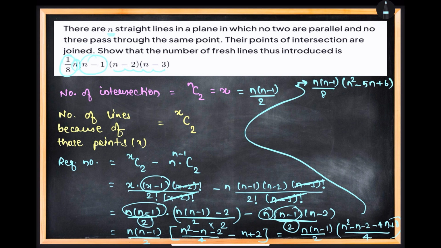So 1 by 8 n into n minus 1, and then you can write this as n square minus 3n minus 2n plus 6. So 1 by 8 n into n minus 1, n minus 3, n minus 2. So this is the number of fresh lines.